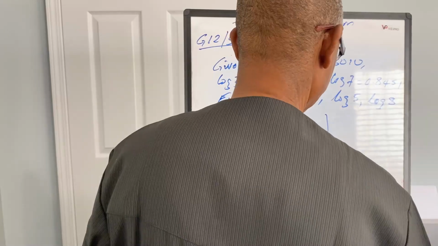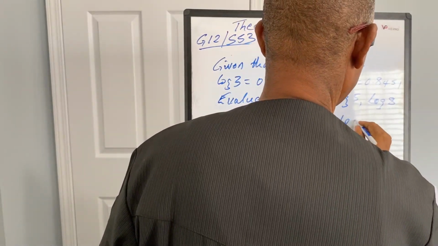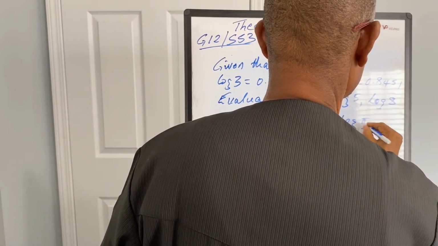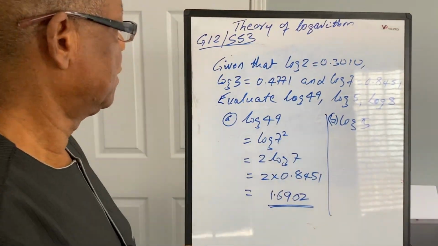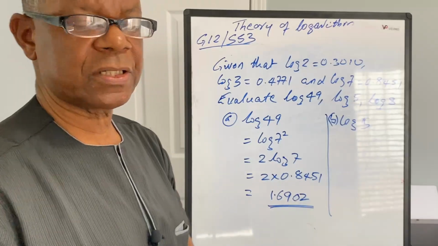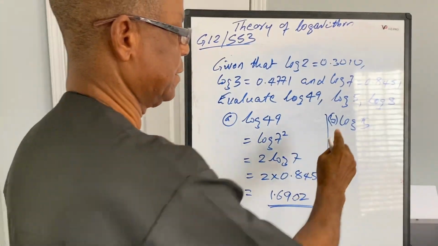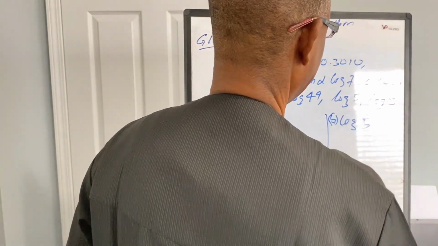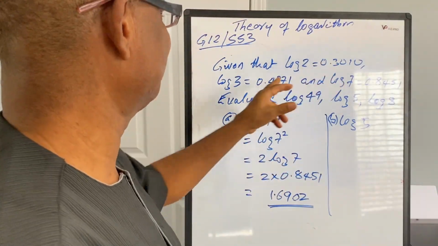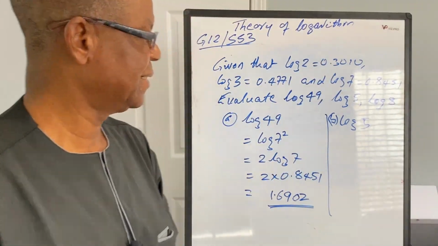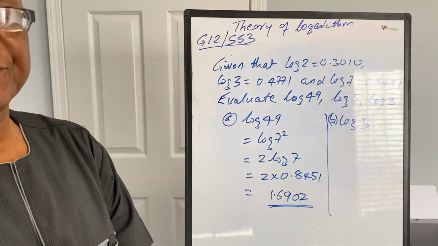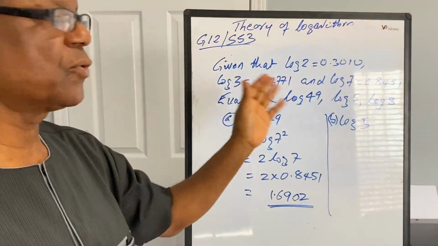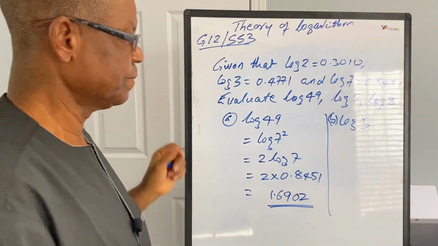We now have log 5 as B. If you check very well, you discover we are not given log 5 here. There's no log 5, and you cannot say log 2 plus log 3. No, we don't do that. It's a product. We manipulate this very 5 to enable us make use of what we have here.